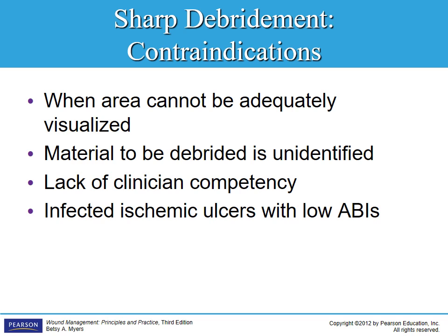You do not want to debride that, because there's not enough of the body's own protective mechanisms, because you don't have that good perfusion, for you not to cause additional infection. You would not want to debride that type of wound.